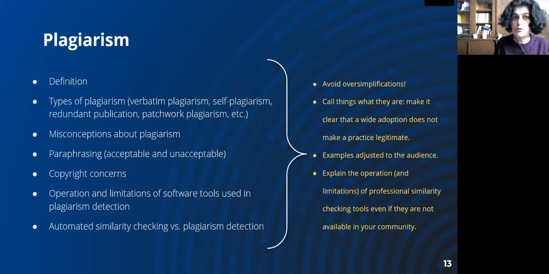When we come to more complex examples that involve several types of plagiarism, or translation plagiarism, or paraphrasing which is not properly cited, where sources are not properly cited, then they get lost and they don't identify this as plagiarism. So I usually try to avoid oversimplifications and to say, okay, this is complex, this is difficult.